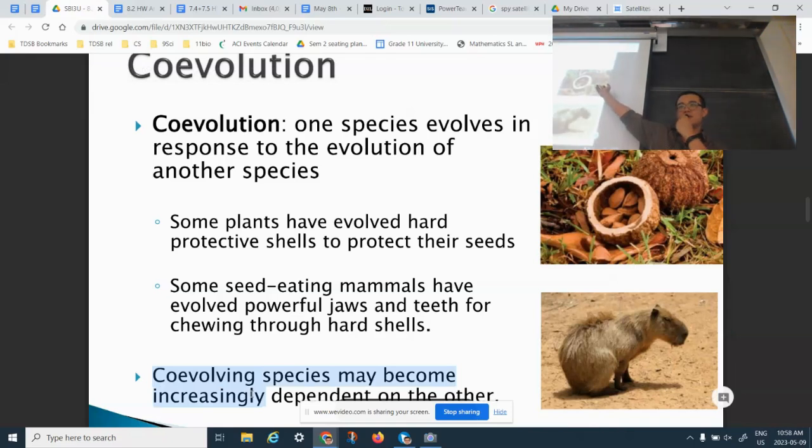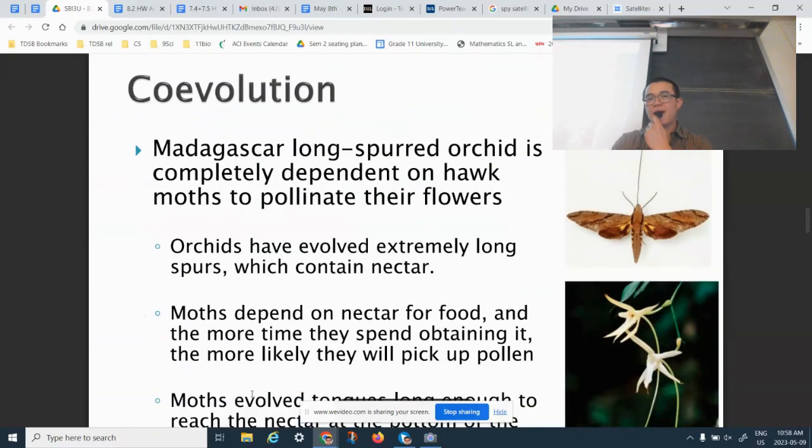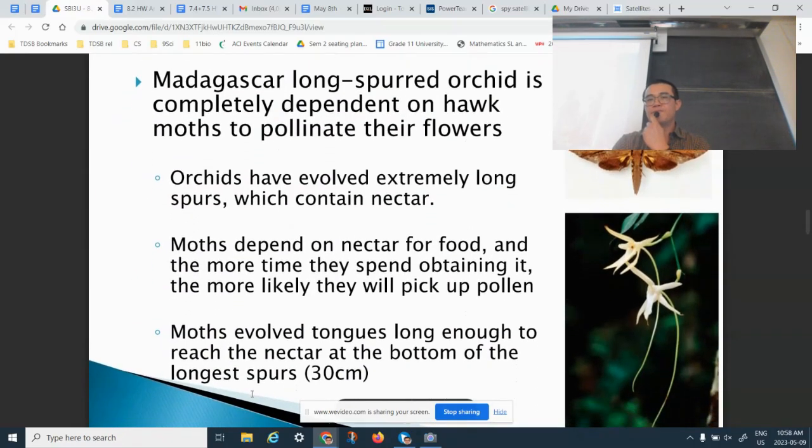Does it make sense? So coevolution, you're talking about two species evolving closer and closer together. This is an example of one that is harming the other. But you also have one where both benefit from each other. Okay.